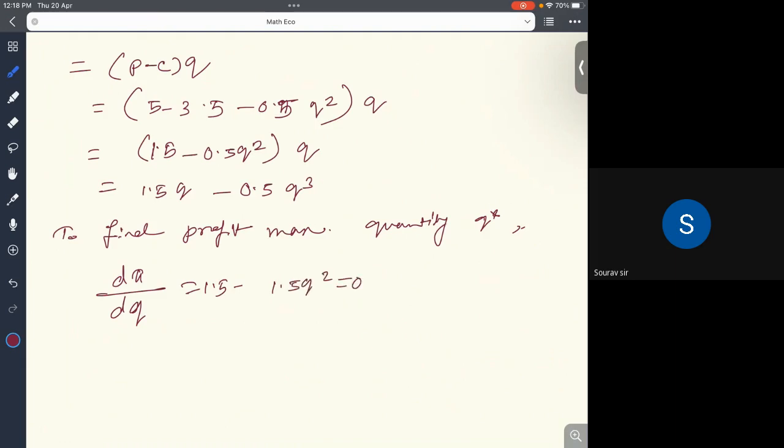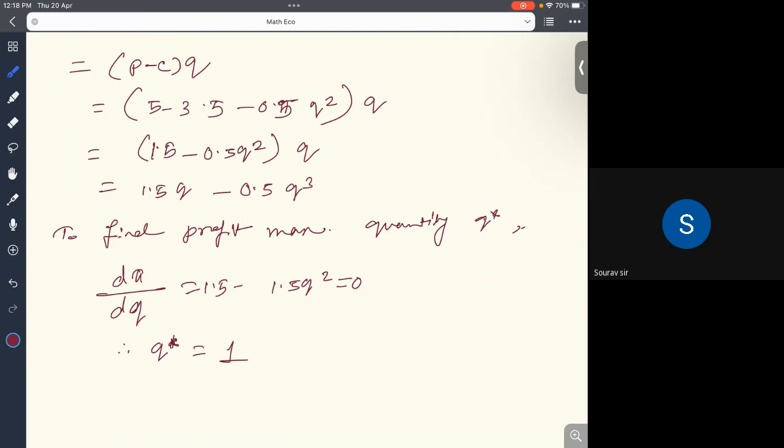So from that, you will get the optimum value Q star is equal to 1. Therefore, the profit maximizing quantity is Q star is equal to 1, and the corresponding profit, if you put the value of optimum quantity in the equation, you will get the optimum profit value.